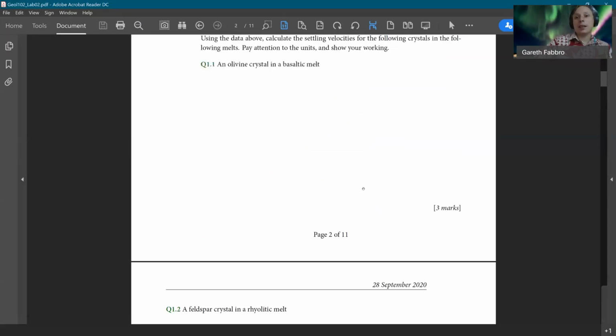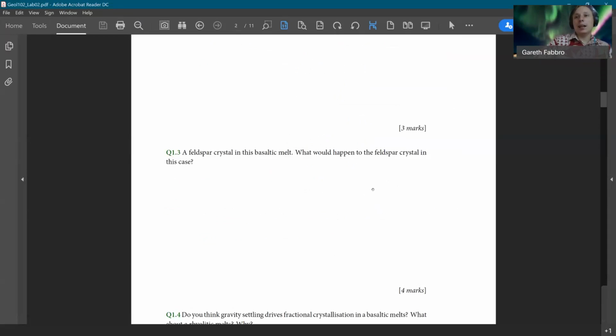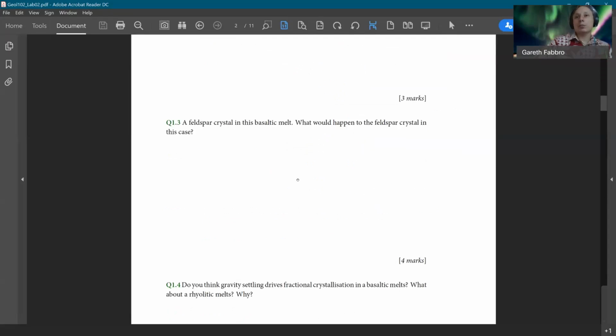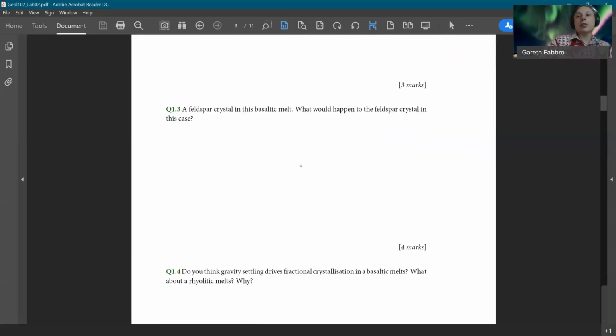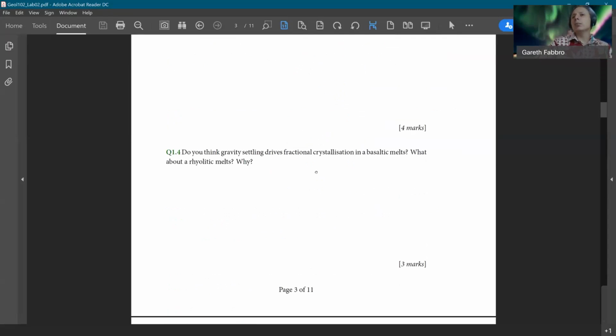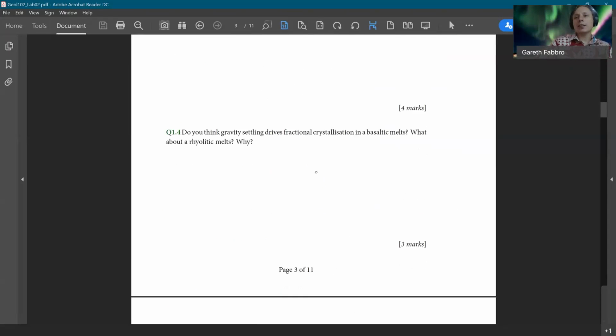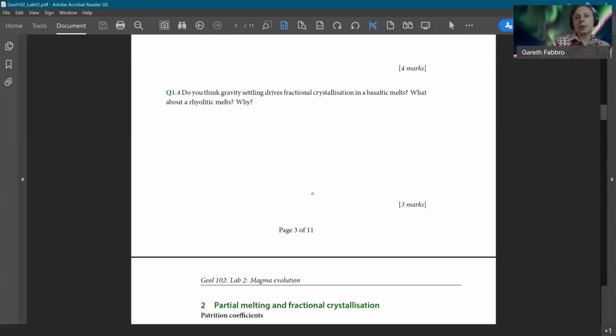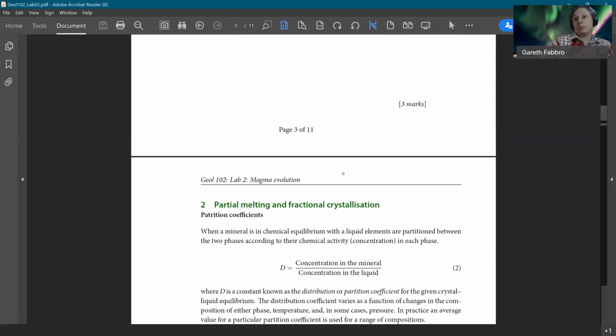You do the same thing. Just work through your answers, put down your answers. A couple of questions here to make you think about what these answers actually mean. Go back to the lectures if you don't understand what these answers mean. We did go over them a bit in that. If you don't understand, come and ask.